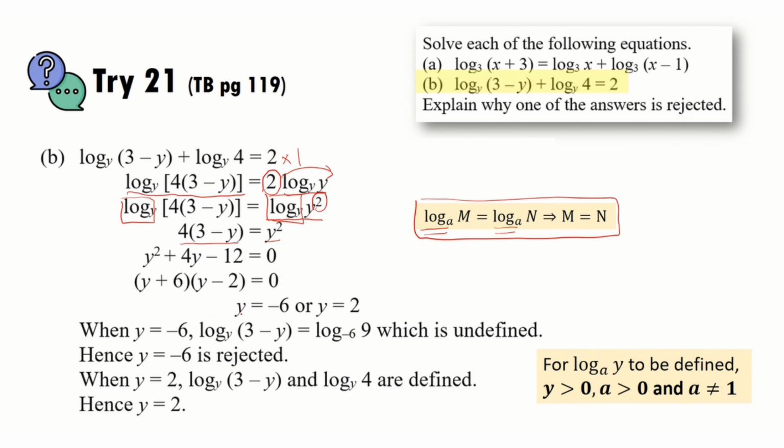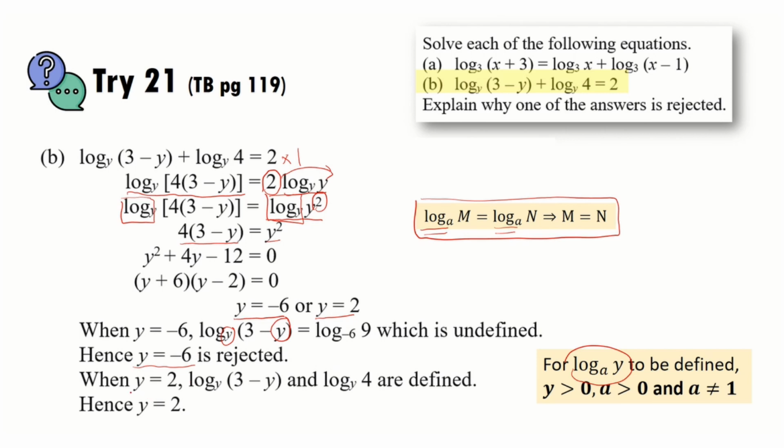Then I can solve it and see that y is equals to -6 or y is equals to 2. But before we jump straight to saying that these are the answers, we must always find out whether our logarithms are going to be defined in what we are given. Because y appears in the base as well as in these parts over here, we find that y cannot actually be negative, so y equals to -6 will have to be rejected.